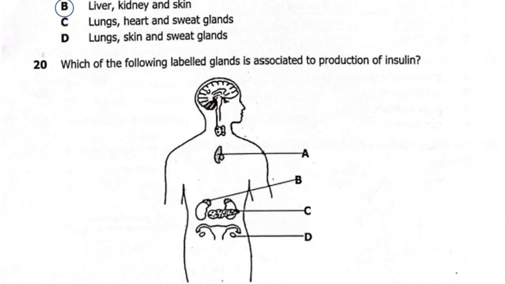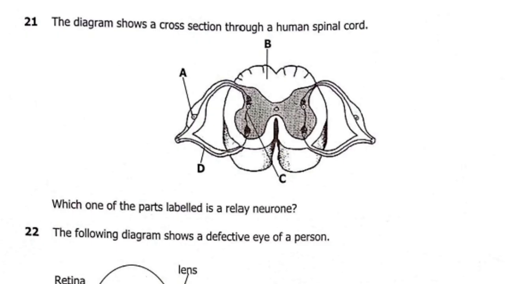Question 20. Which of the following labeled glands is associated with production of insulin? We have A, which is the thymus gland. B, which is the adrenal gland. C, which is the pancreas, and D, which is the ovary. The correct answer here is C. The pancreas produces insulin.